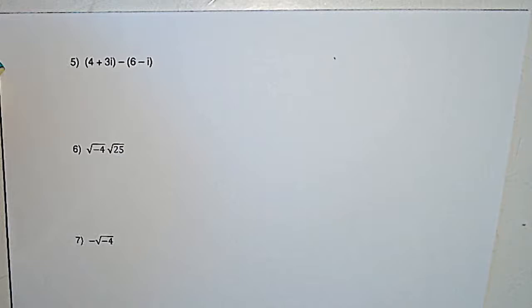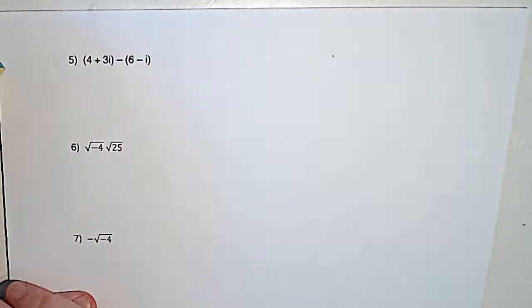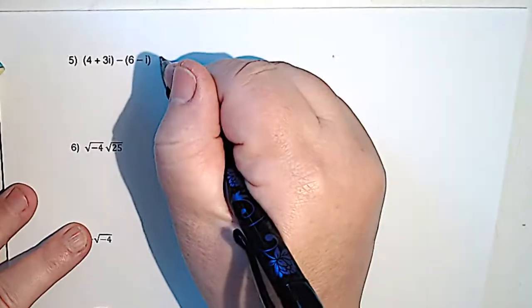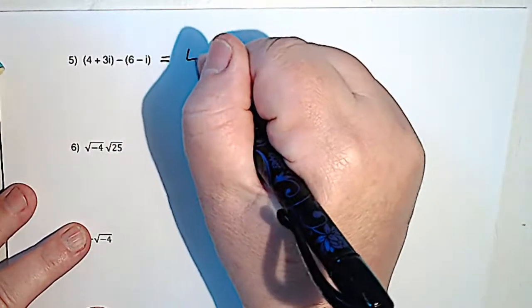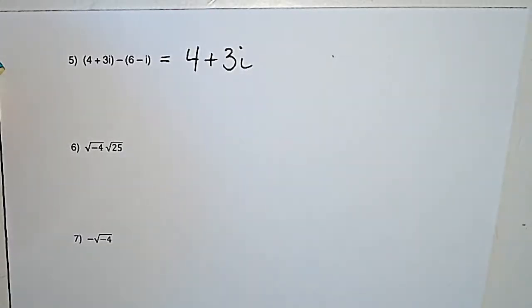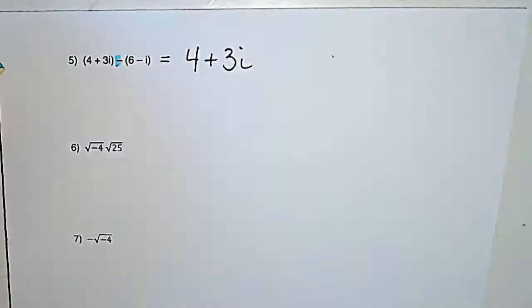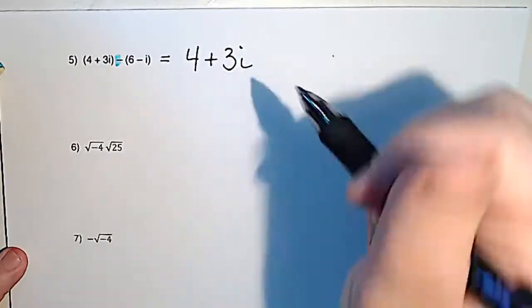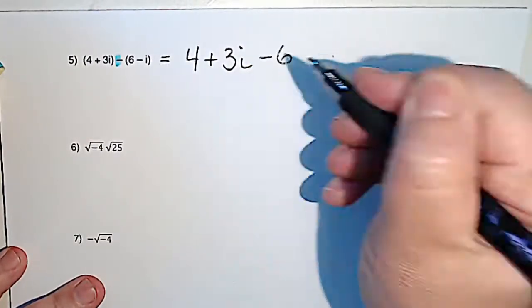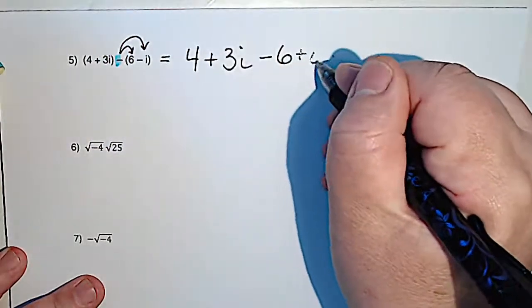Okay, so number 5 asks us, can you add and subtract complex numbers? Well, of course you can. If I've got 4 plus 3i, and then there's a negative here, so minus 6, and then plus i.